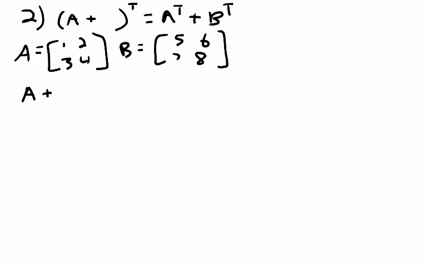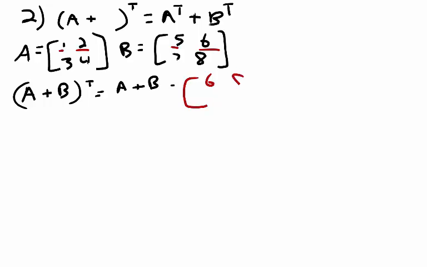If I add A plus B, and then take the transpose, A plus B equals 1 plus 5, which is 6, 2 plus 6, which is 8, 3 plus 7, which is 10, 4 plus 8, which is 12.